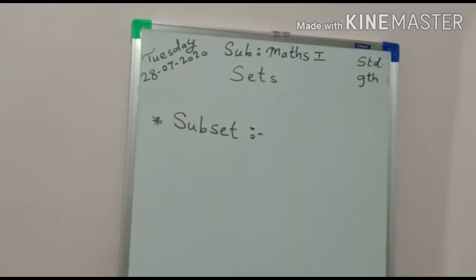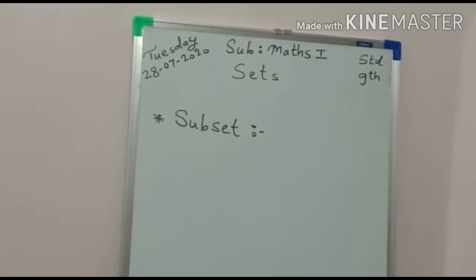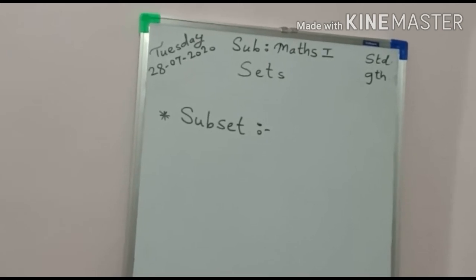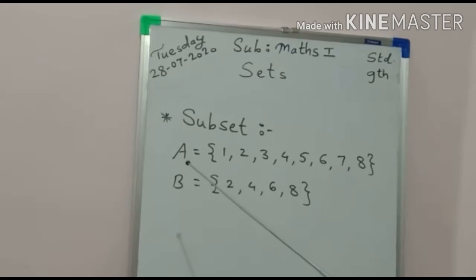Okay, now next topic is subset. What does it mean? That we see here with an example. If we are given two sets, set A and set B, having elements such as, in set A we have elements 1, 2, 3, 4, 5, 6, 7 and 8, and in set B we have elements 2, 4, 6 and 8. So what we observe here, students, is that each element of set A is in set B?